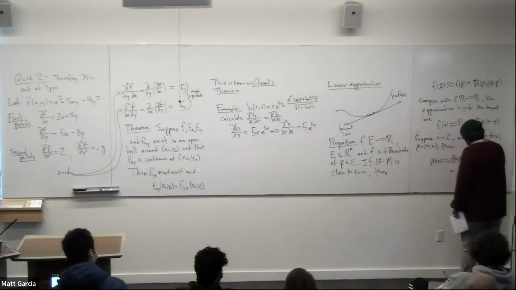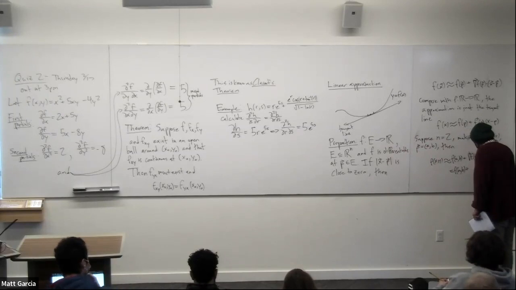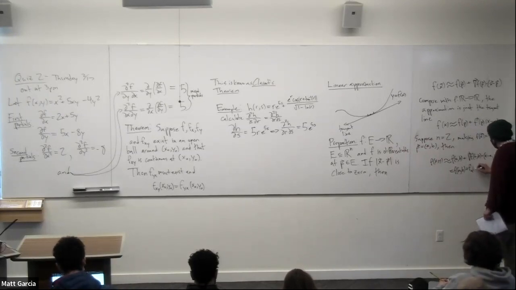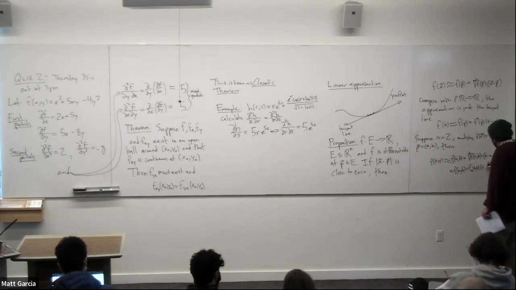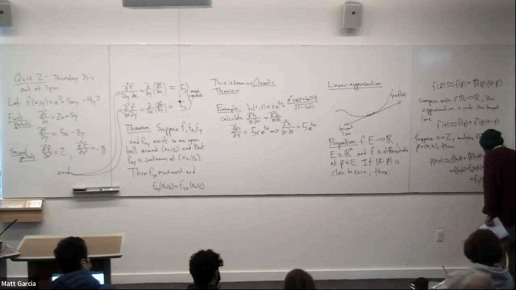This expression is equal to f of a comma b plus the partial derivative of f with respect to x evaluated at a comma b times x minus a, plus the partial derivative with respect to y evaluated at a comma b times y minus b.